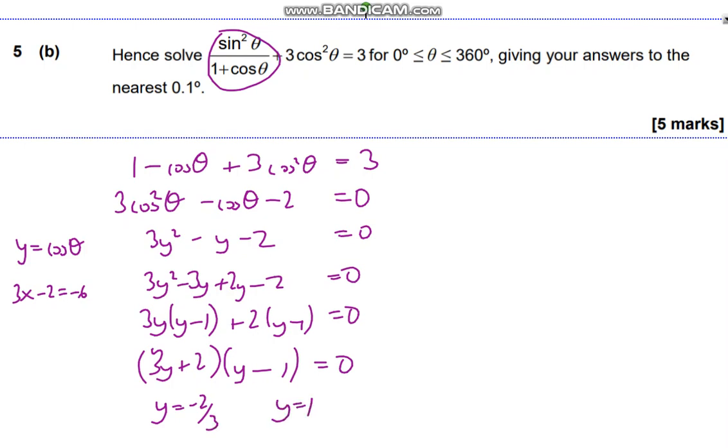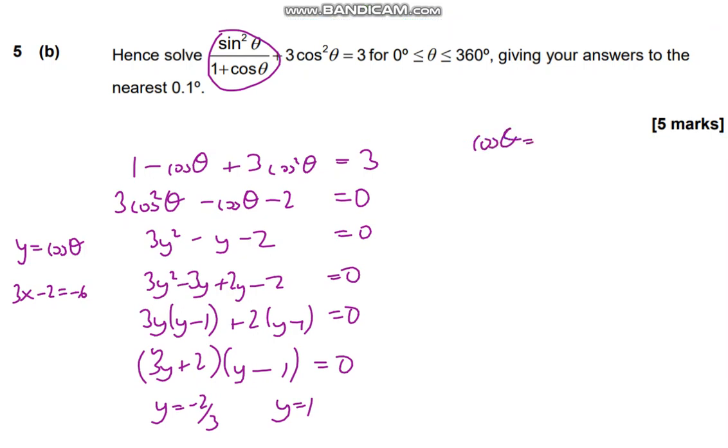Right, so that means that cos theta is equal to minus 2/3, or cos theta is equal to 1, because y is equal to cos theta.